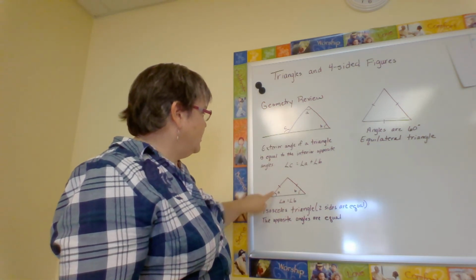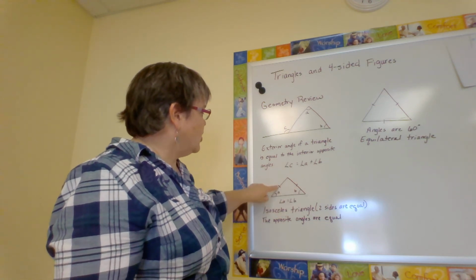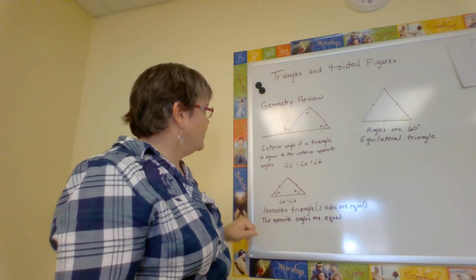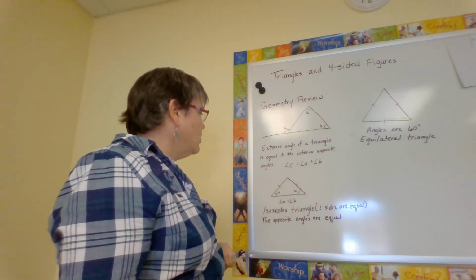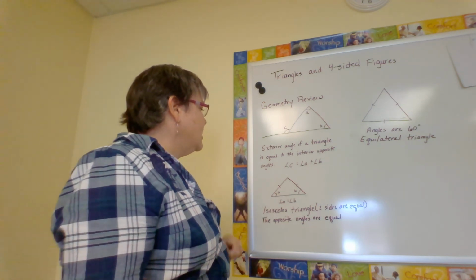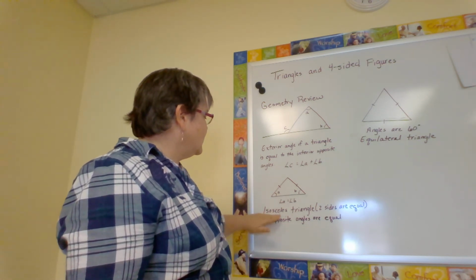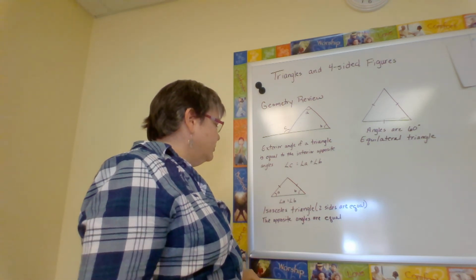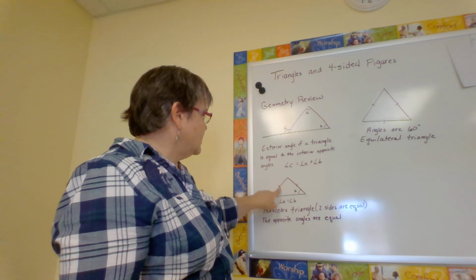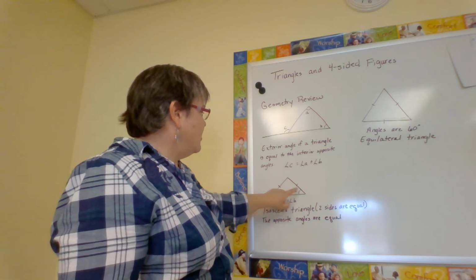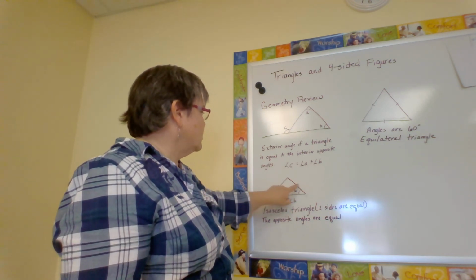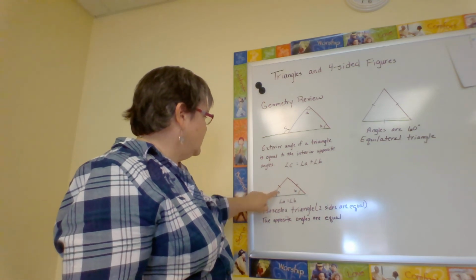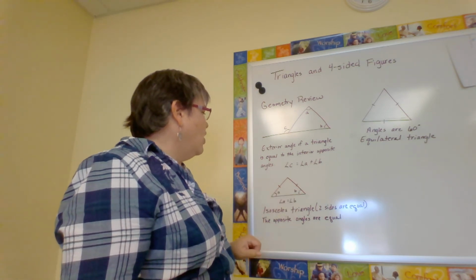Isosceles triangle means two sides are equal. We are showing that by these little lines here. If two sides of a triangle are equal and the third side is not equal, it's called an isosceles triangle, and the opposite angles are equal. So if this side and this side are equal, that means the angles opposite them are equal.